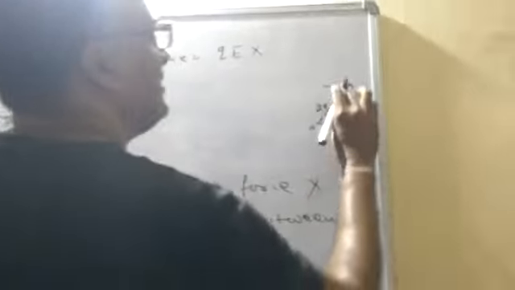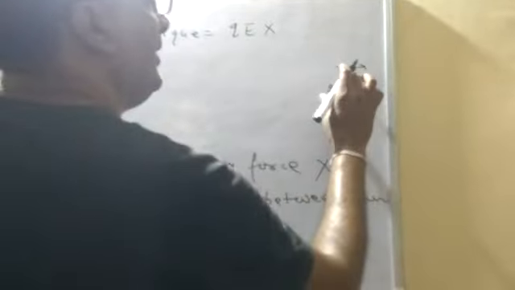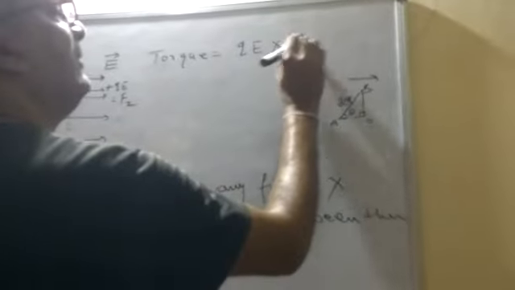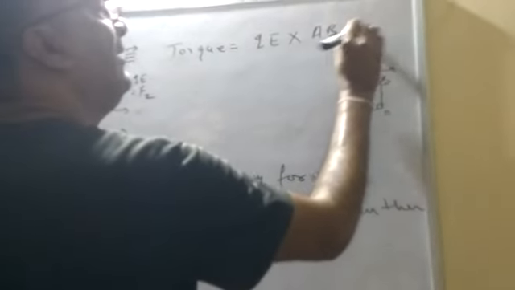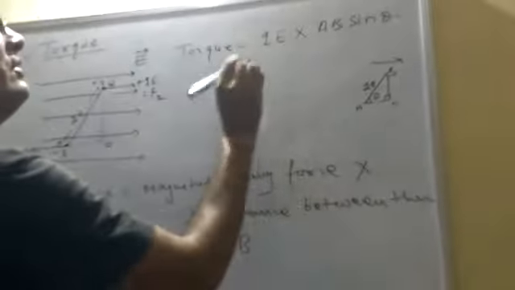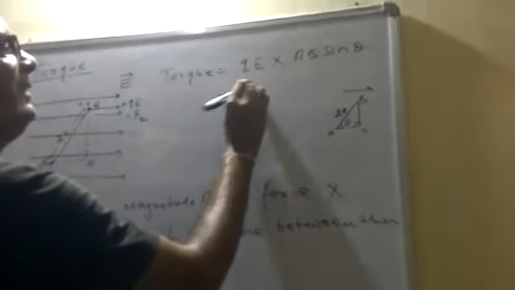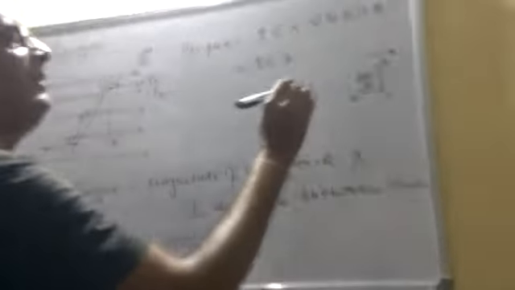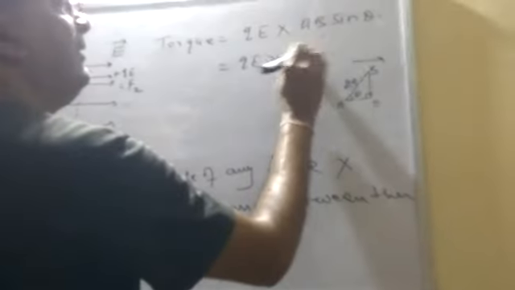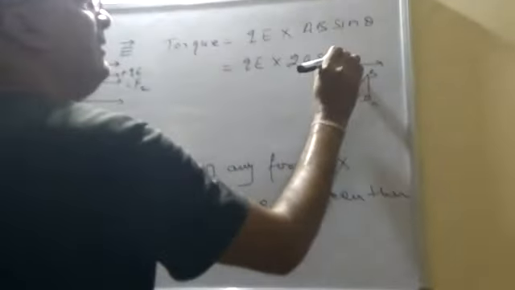Here this is 90 degrees, this is perpendicular, this is the base. So P upon H, OB will be AB sin theta. So this is QE, and AB is 2A, so 2A sin theta.